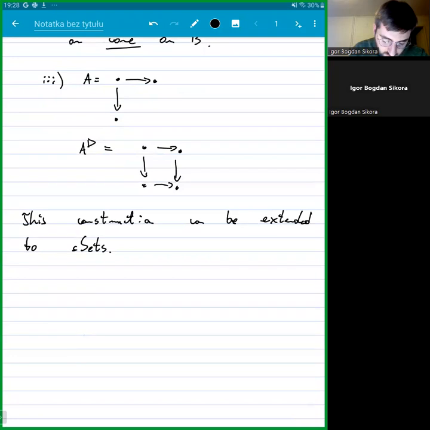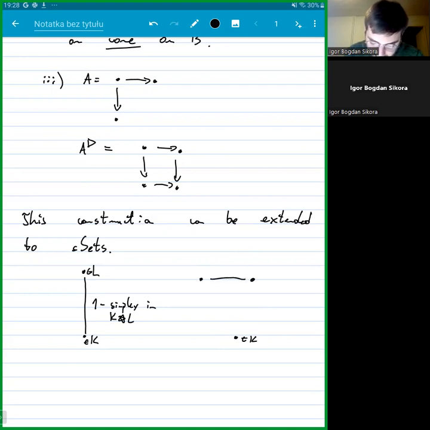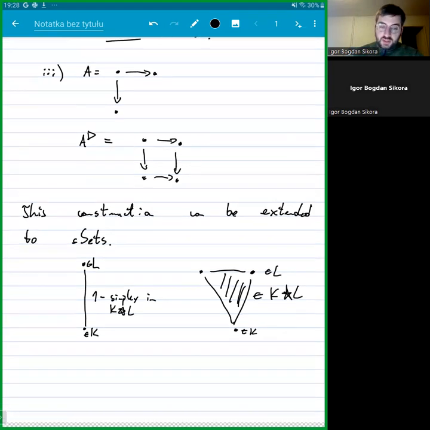If we have, for example, two zero simplices, one in K and one in L, we know that in the join they should be connected by one simplex. And if we have, for example, a zero simplex belonging to K and a one simplex in L, then they should be connected by a two simplex in K join L.